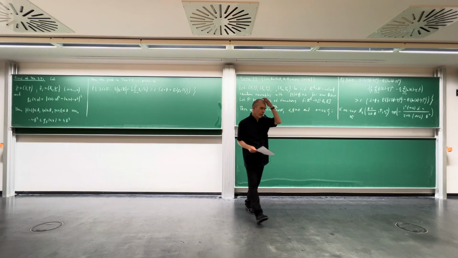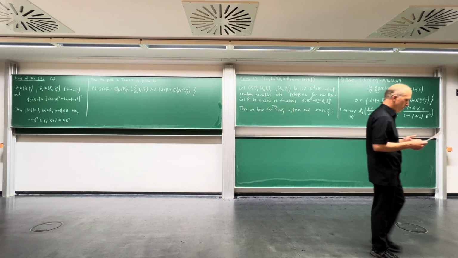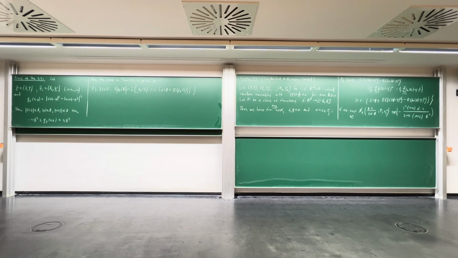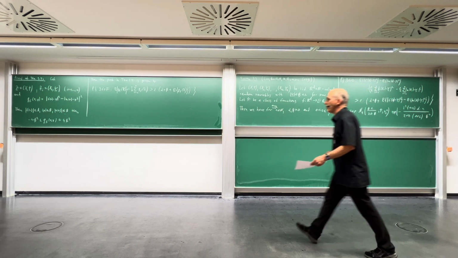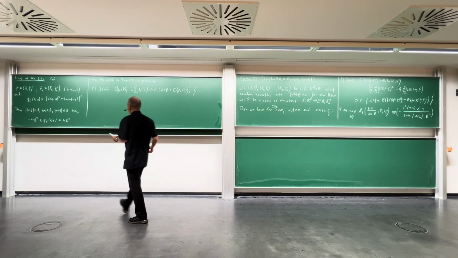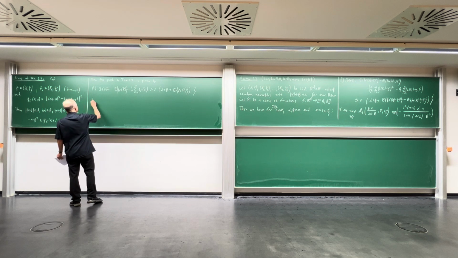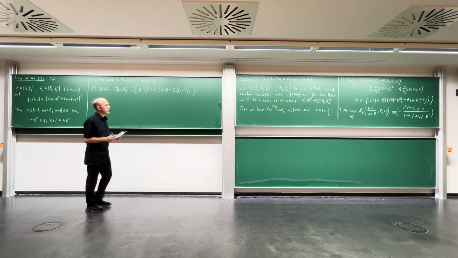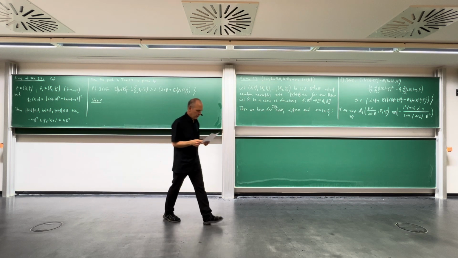And now our proof will be divided into several steps. And I start with step 1, where I make a symmetrization by a ghost sample.